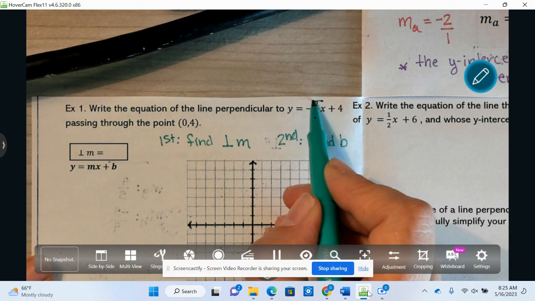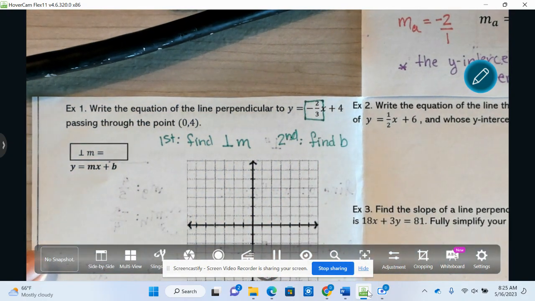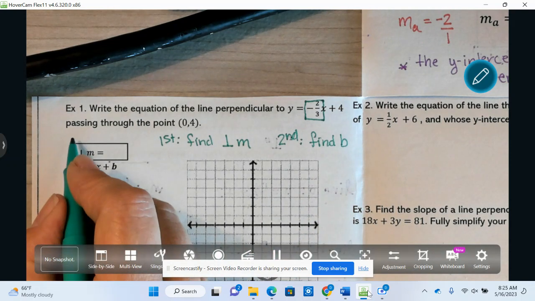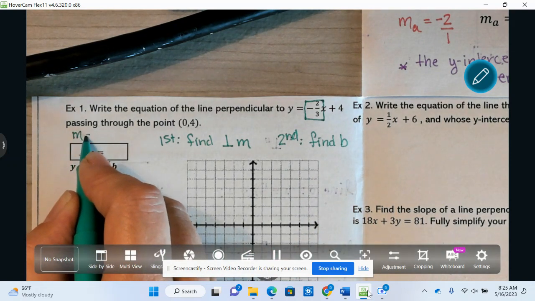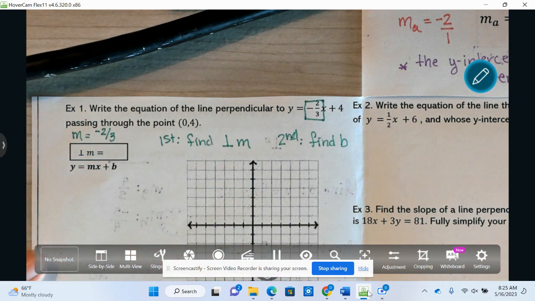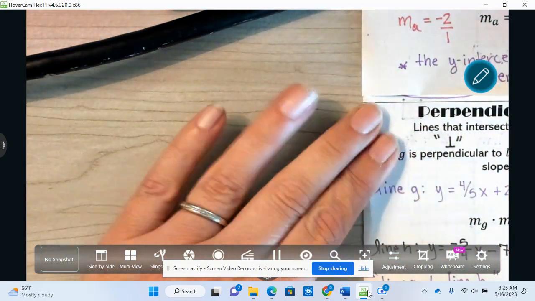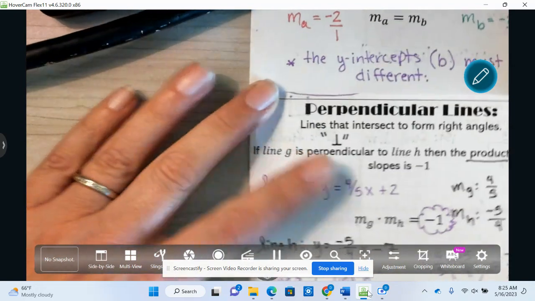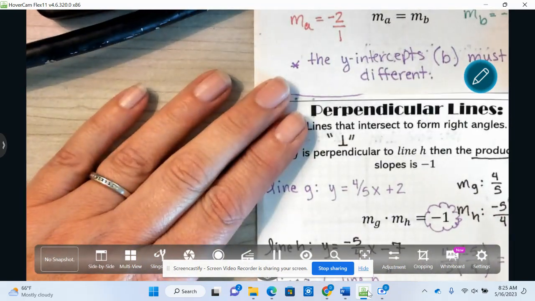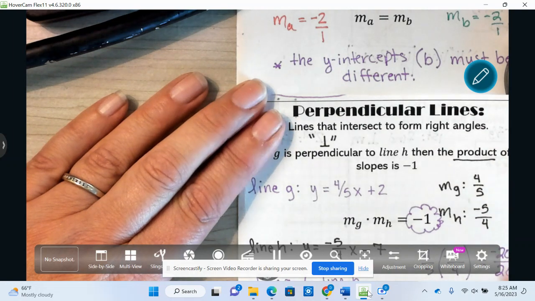So if I look at this equation right here, what is my slope? Well, my slope is -2/3. What did you notice about the slopes of the lines on the front page? What can we say about these two lines? Their slopes are what? One's positive and one's what? Negative. And what else can we say? What did we do to the fraction?